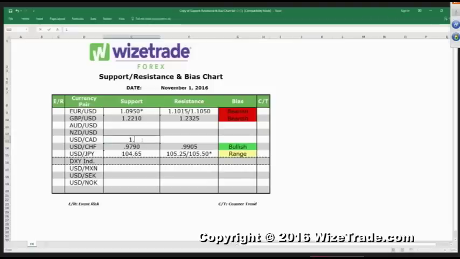What scares me about the dollar Canadian is it hasn't really rallied significantly.